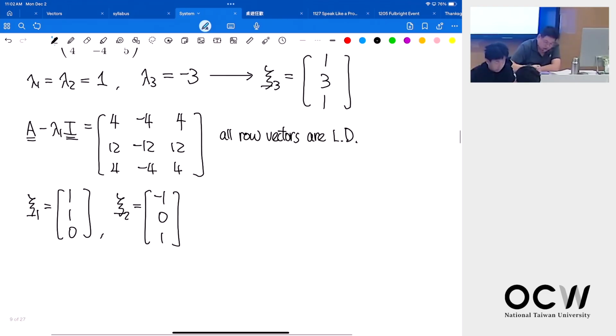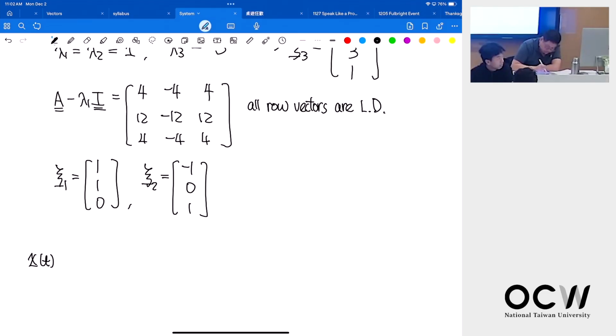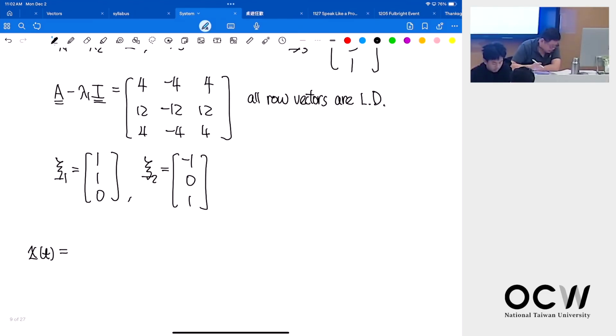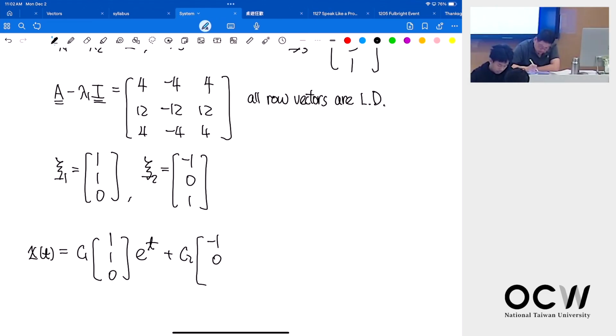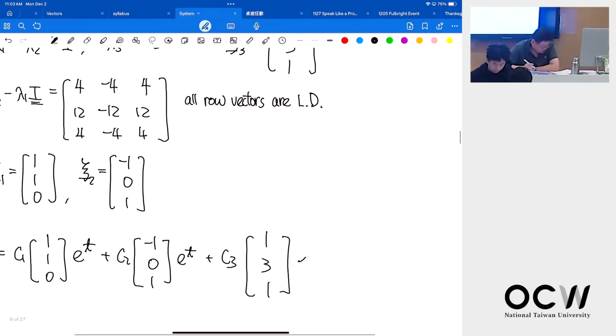So now I have 3 eigenvalues and 3 eigenvectors. My general solution x(t) is C1 (1, 1, 0) e^t plus C2 (-1, 0, 1) e^t, and C3 (1, 3, 1) e^(-3t).